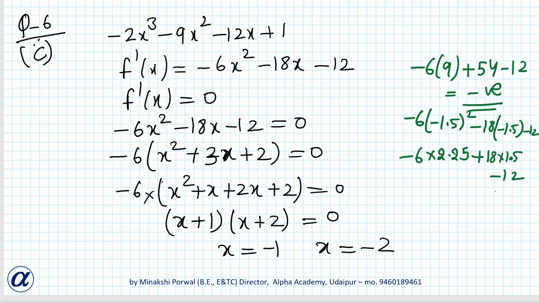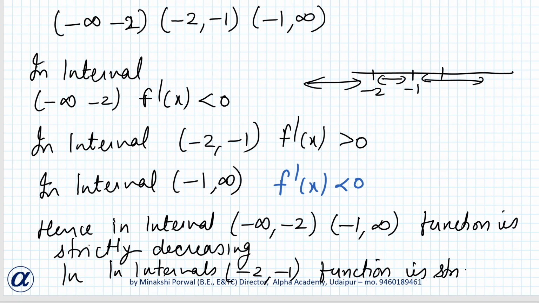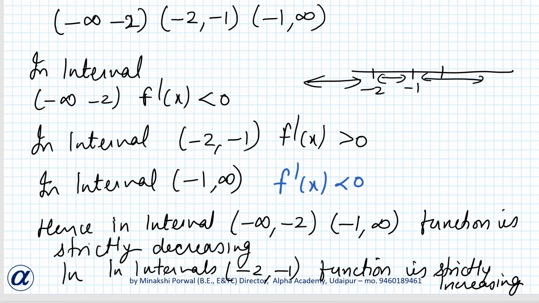Let's do this calculation. In the interval minus 2 to minus 1, f dash x is greater than 0, so the function is strictly increasing. Okay. Is it clear?